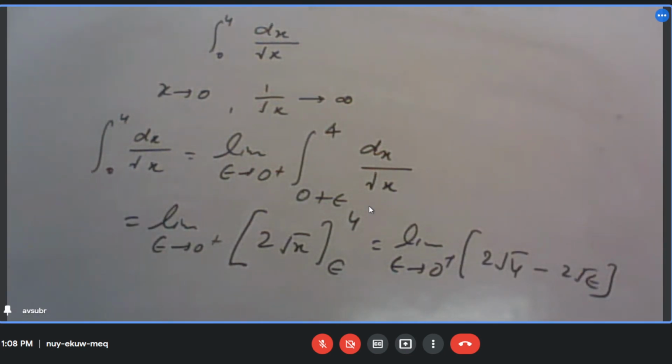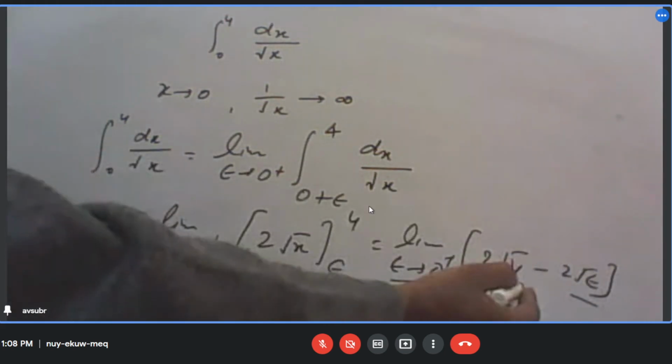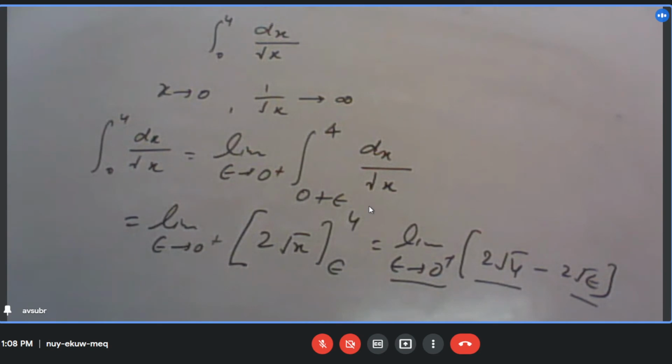This epsilon is infinitesimally small, so it is ignored in comparison to the first term. The contribution of the first term is so much that the contribution of the second term doesn't carry any meaning. It is negligibly small. It is something like dropping a grain of salt in a lake of water.